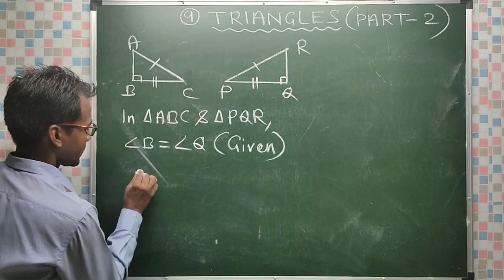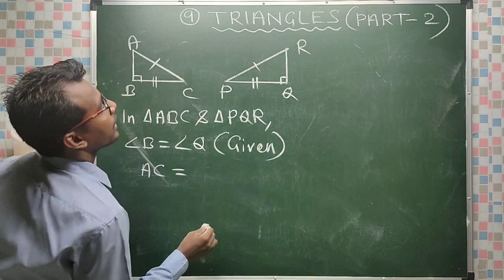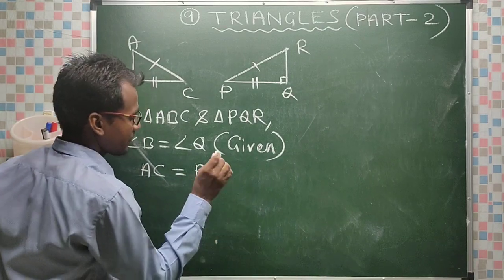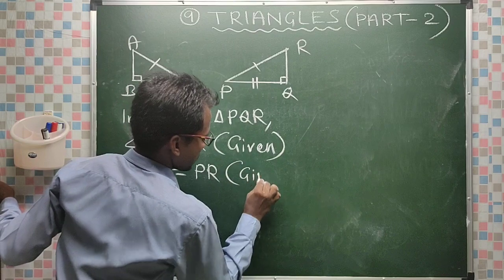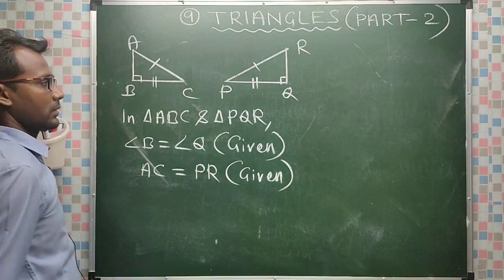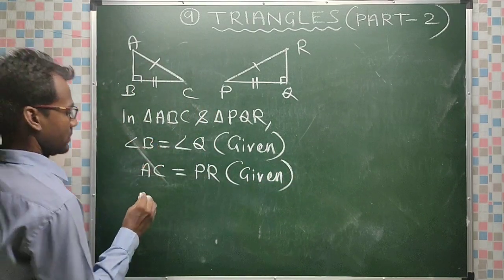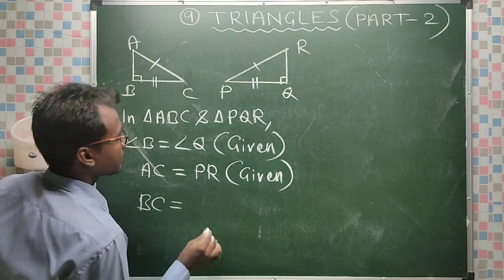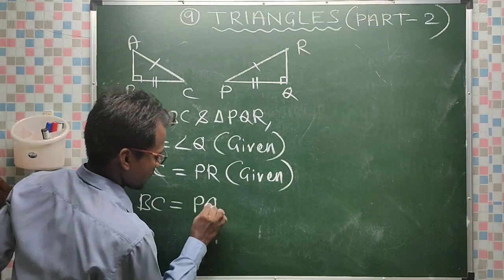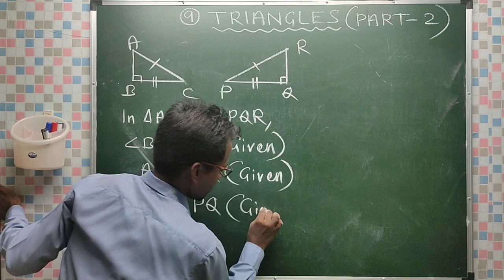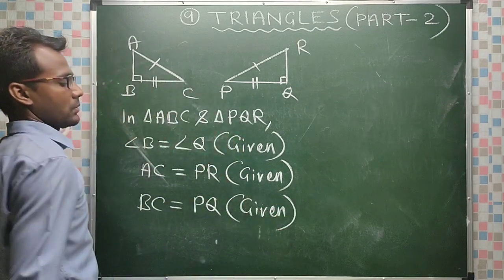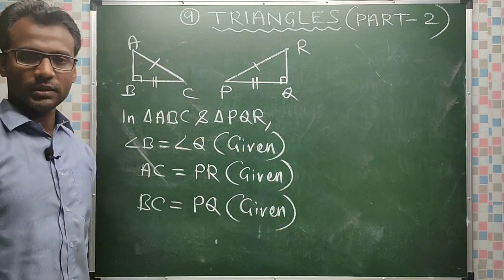This is the hypotenuse, AC and PR. This is also given. Now move to side. BC is equal to PQ. Okay, so these three things are given.